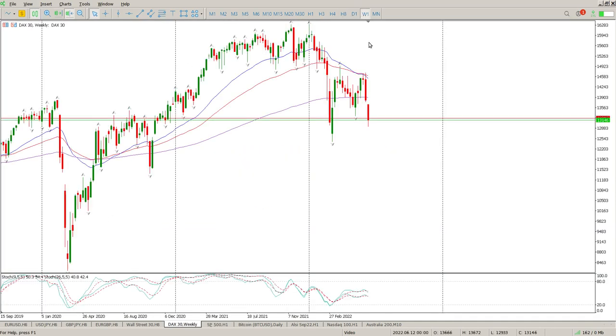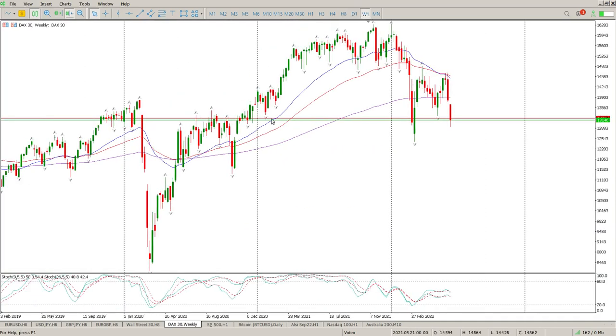Just before we continue, I want to highlight what's happening to the left here. We're falling to the floor, but this area here is a strong area of support on the weekly.